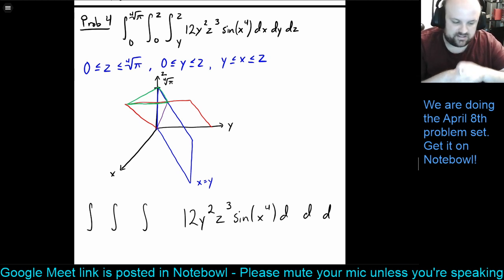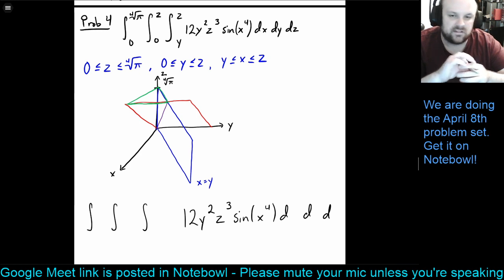So let's do this. Any suggestion for what variable to integrate with respect to first here? y or z? Should be able to do either one of them.